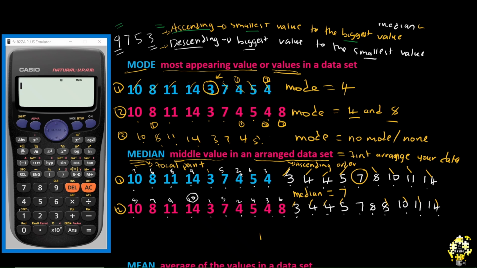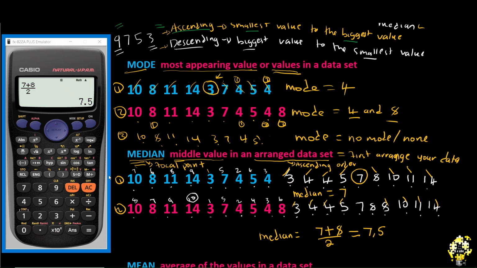So our median for data set number 2, we are going to say 7 plus 8, and we divide that by 2. Let's go to our calculator. We have 7 in the middle, which is not alone, it goes along with 8, and then we divide that by 2. It says that it is 7.5.